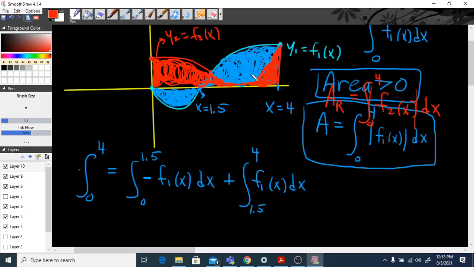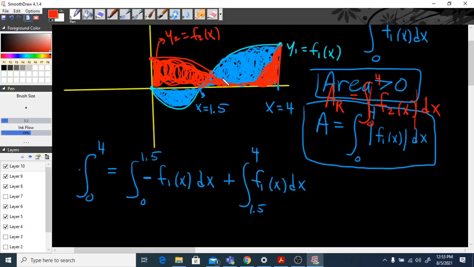So if, for example, I do the area of the blue one and then the area of the red one here, and I add those together, then this region will be counted twice, and we don't want that.